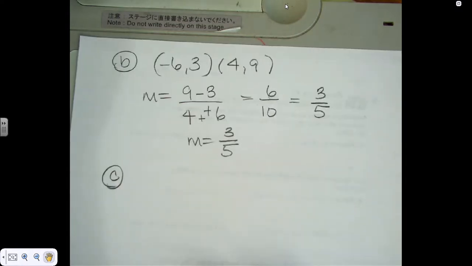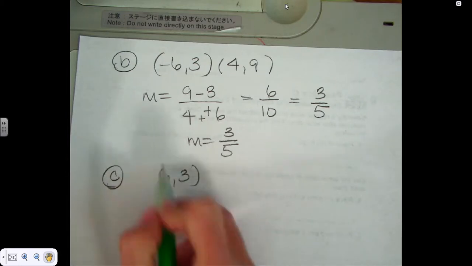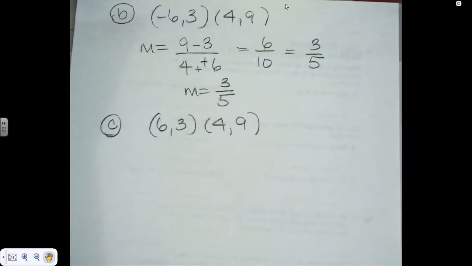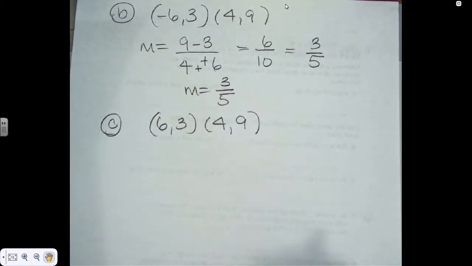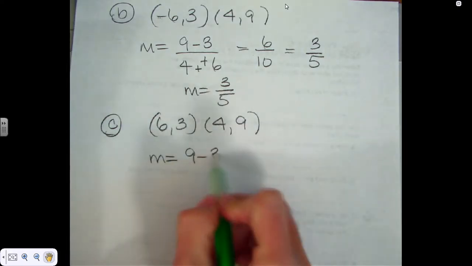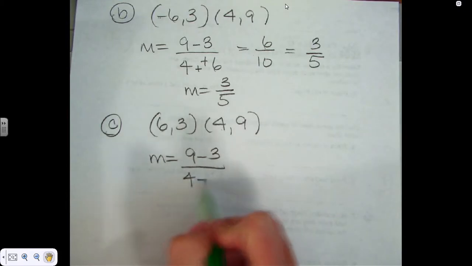Okay, try this one. Now, you can stop it right now, and I want you to work this one and then resume, and you'll see it worked out. So when you plug in your information, y of my second minus y of my first, x of my second, x of my first.